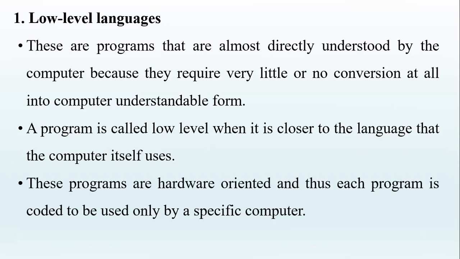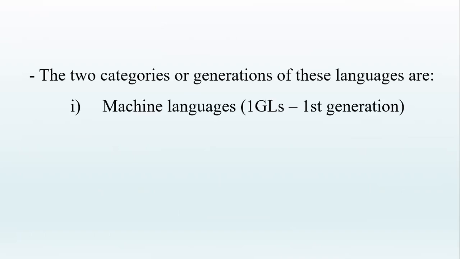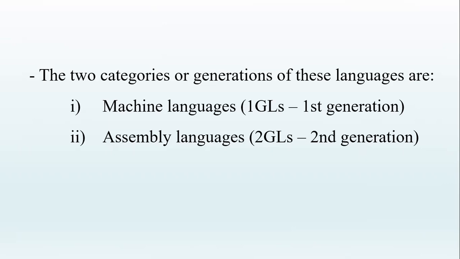These programs are hardware-oriented, and thus each program is coded to be used only by a specific computer. The two categories or generations of these languages are the machine languages, or what we call the first generation languages, and the assembly languages, or what we call the second generation of programming languages.